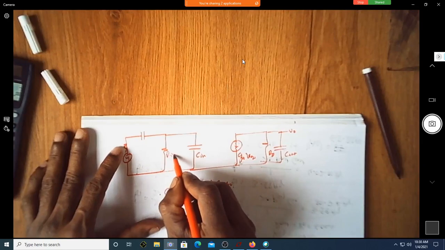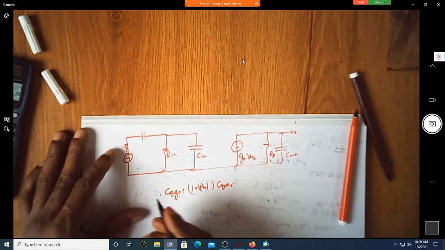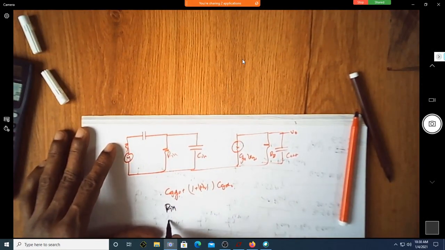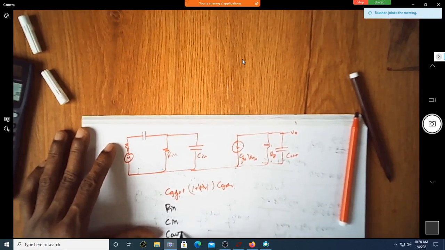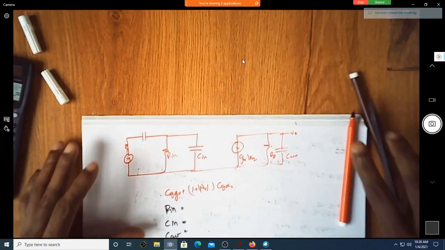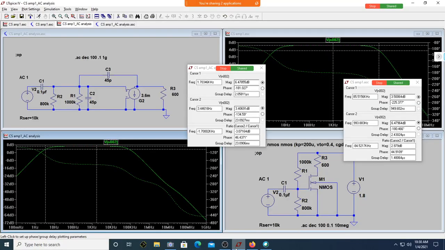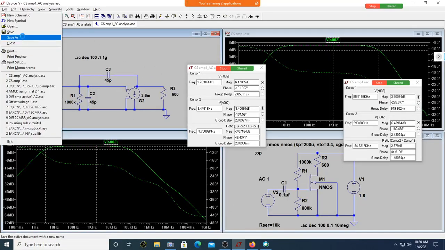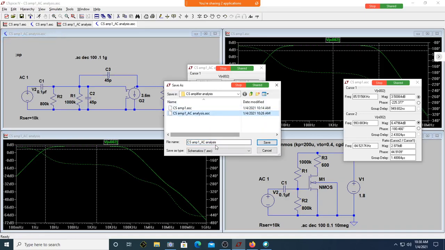What's the value of Rin? Can somebody tell me the value of Rin, Cin and Cout, so that I can edit here? One of you tell me. I'll save this as case analysis Miller capacitance.